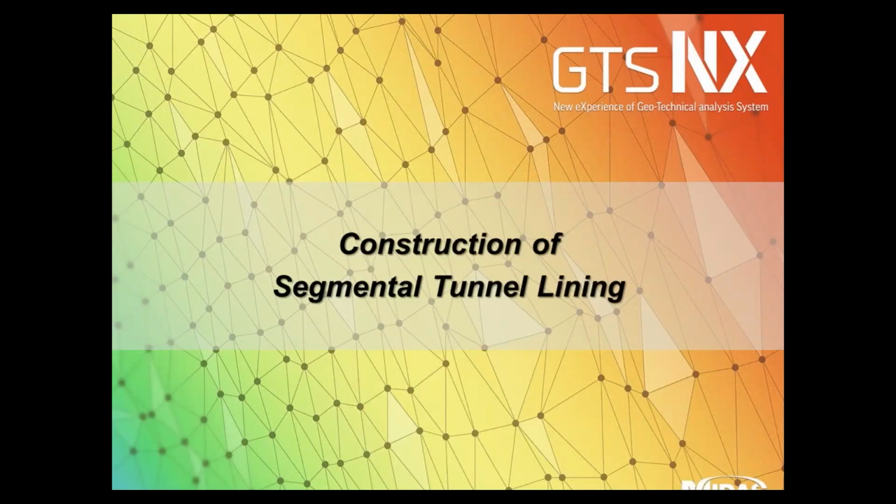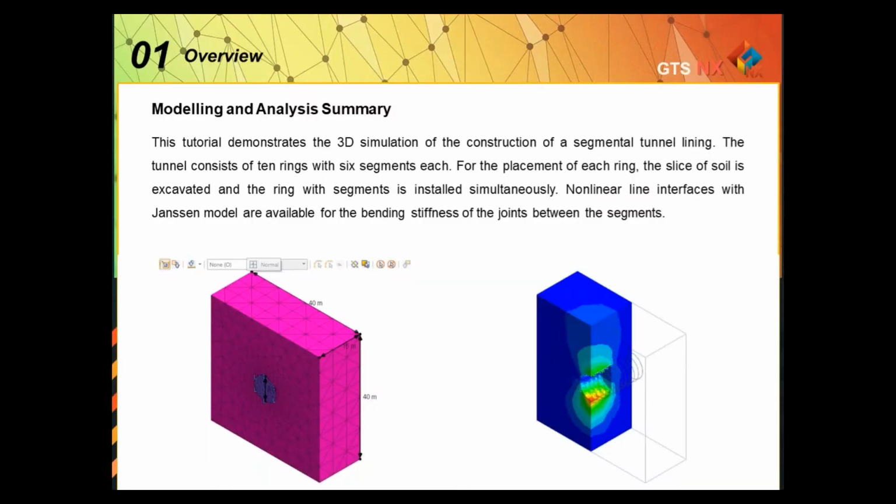So this is the topic of today's session: construction of segmental tunnel lining with 3D modeling. This example demonstrates the 3D simulation of the construction of a segmental tunnel lining.